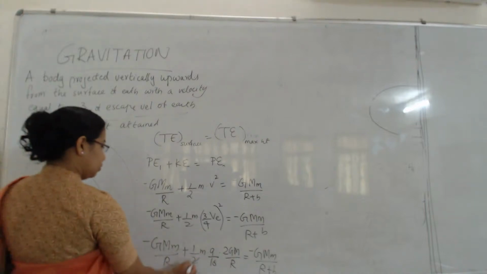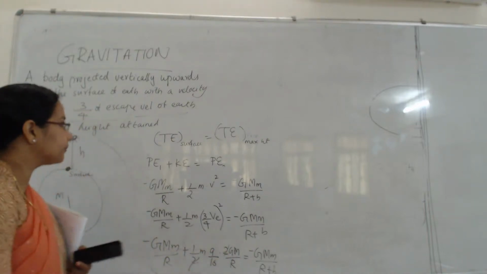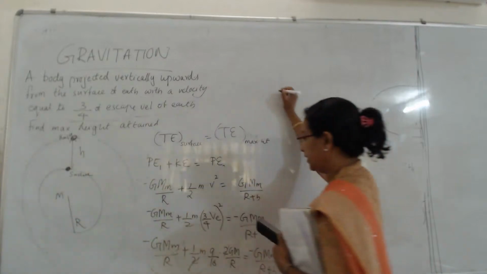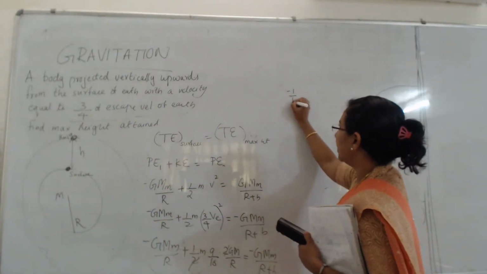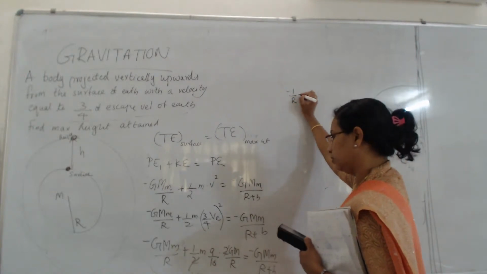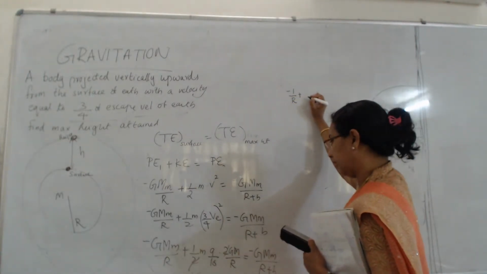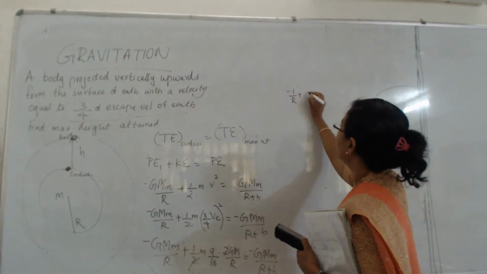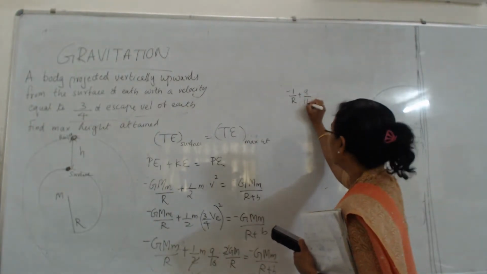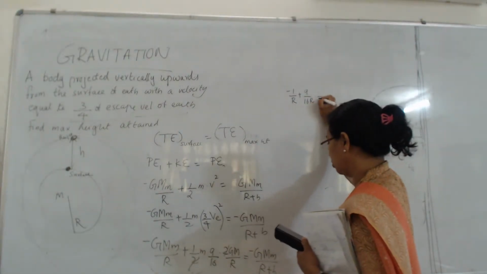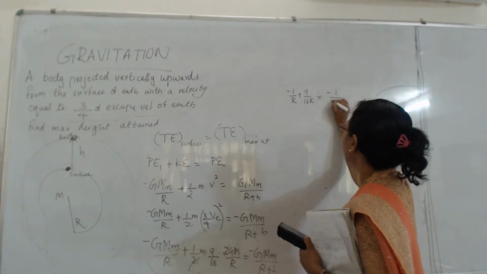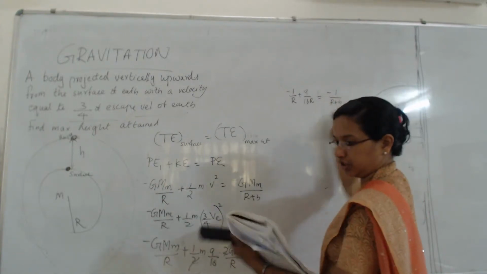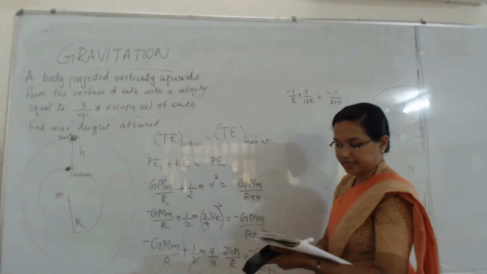Now this 2 will get cancelled. My GM will get cancelled. Minus 1 by R plus 9 by 16R is equal to minus 1 by R plus h.